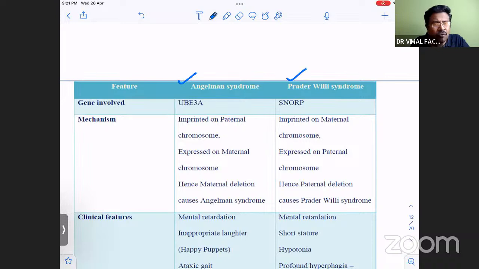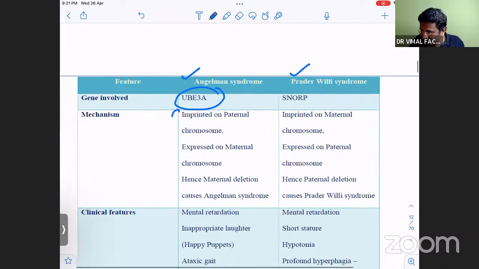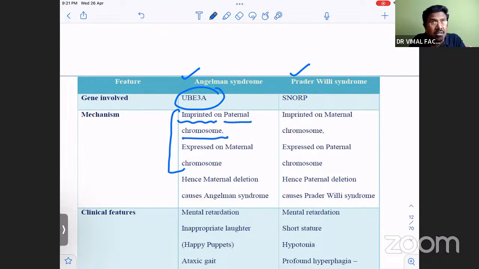In Angelman syndrome, what happens? The gene involved is the UBE3A gene. Normally, this gene is imprinted on the father's chromosome, the paternal chromosome. Imprinted means silenced. So normally it is silenced on the father's chromosome and it is expressed only on the mother's chromosome.